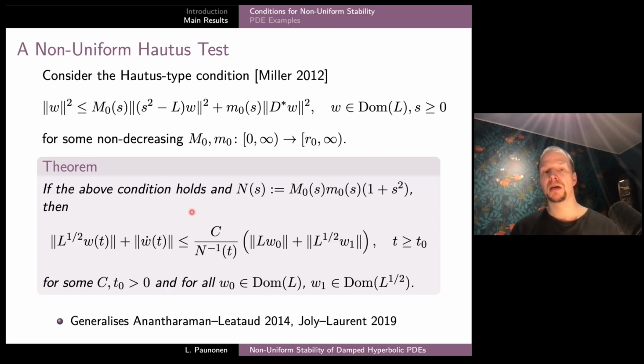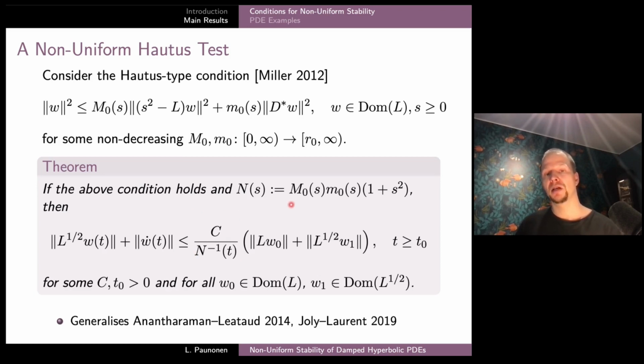And because the rates of growth of the function N and its inverse are closely related, we can also deduce that if the function N and especially the parameters M0 grow relatively slowly, then the algebraic inverse grows relatively fast, which means that the decay of the solutions is relatively fast.